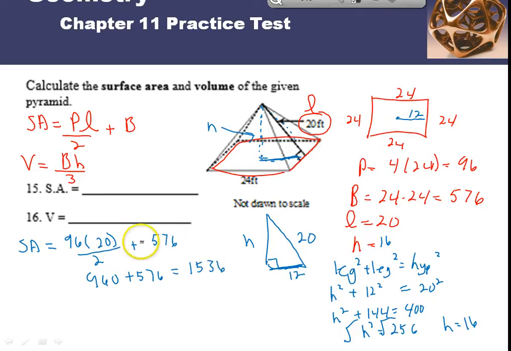So this is 1536. Oh, oops. 1536 feet squared.